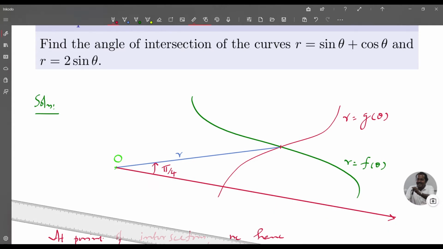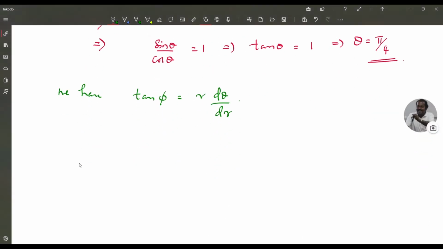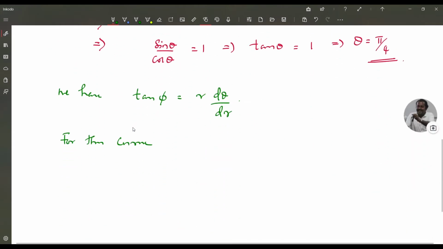Now we have to find the angle between the tangents and the radius vector. We know that tan phi is equal to r d theta by dr. So we have to find tan phi 1 and tan phi 2. For the curve r equal to sin theta plus cos theta, dr by d theta is cos theta minus sin theta.